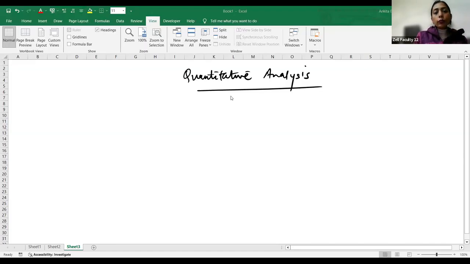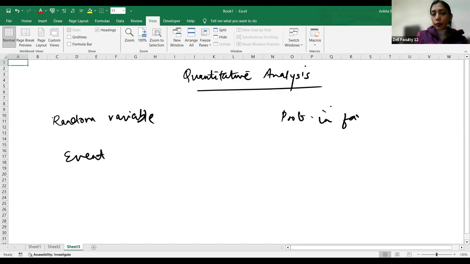So here, the first topic is fundamental of probabilities, which is a basic chapter talking about probability. So we must know few things here. First, we must know what is a random variable. Then we must know what's an event. Then we must know probability in favor and probability against.